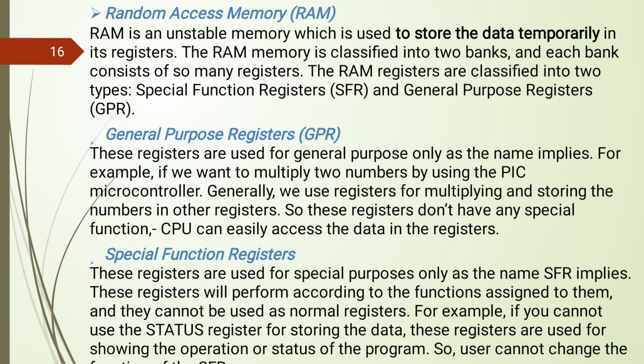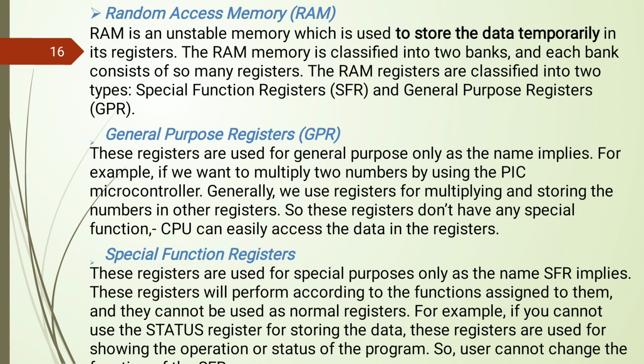RAM stores the data in register banks, and register banks are divided into various memory sections, which are again derived with the help of general purpose registers or special function registers. General purpose registers are registers having only a bit capacity, with no specific function or task associated with them, such as FSR0, FSR1, FSR2, or some memory locations. So these are called general purpose registers.